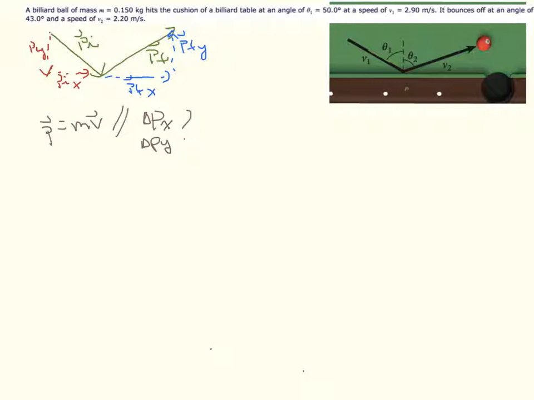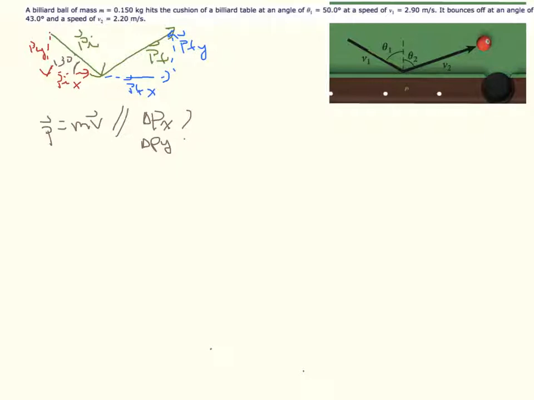So in the x direction, I probably need some angles in here. So my initial angle, this is measured from the vertical, is 50, so that means measured from the horizontal, it's going to be 180 minus 50 is 130. So my picture isn't very good there. Or sorry, it should be 90 minus 50.